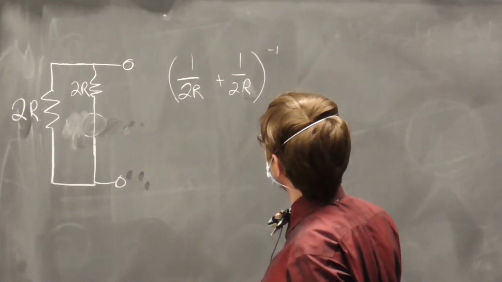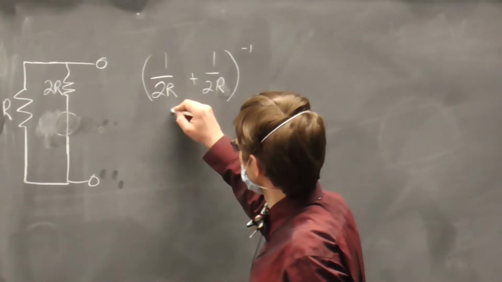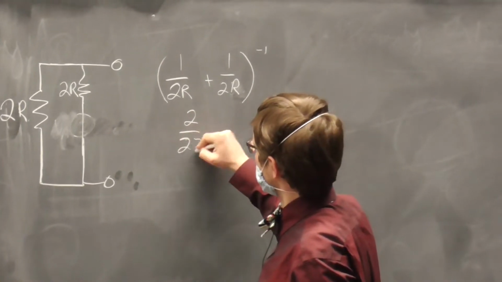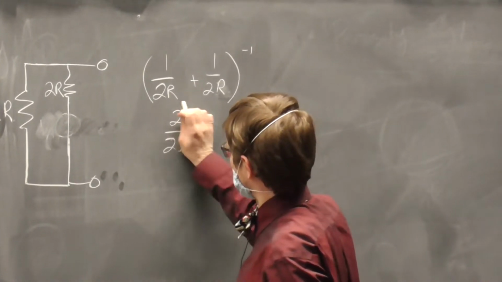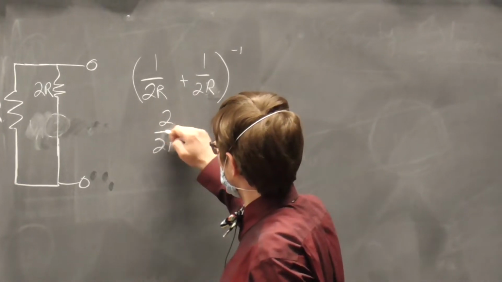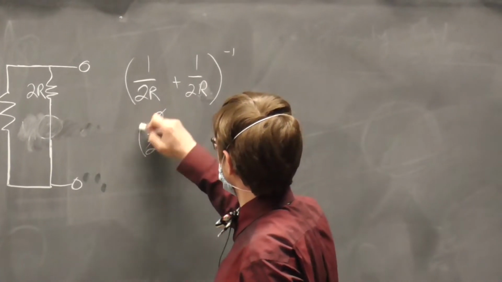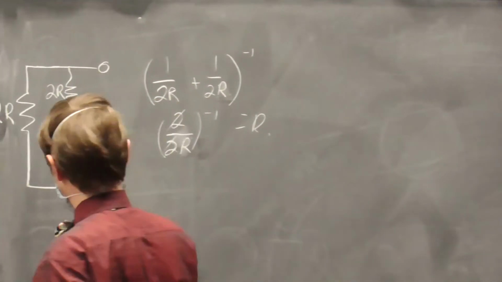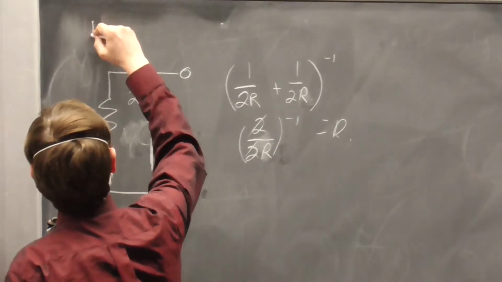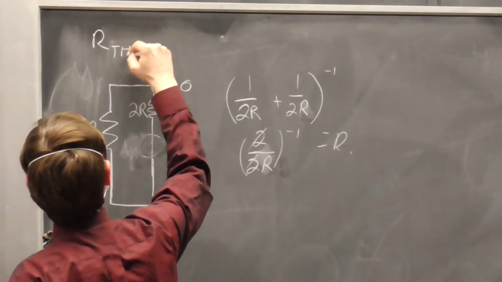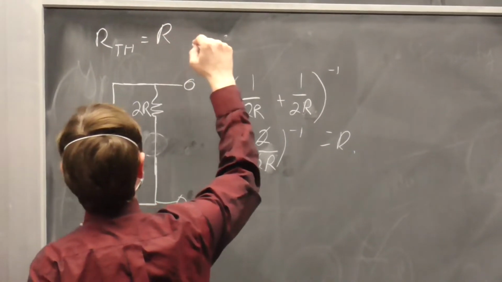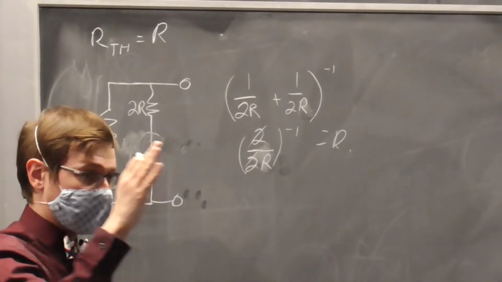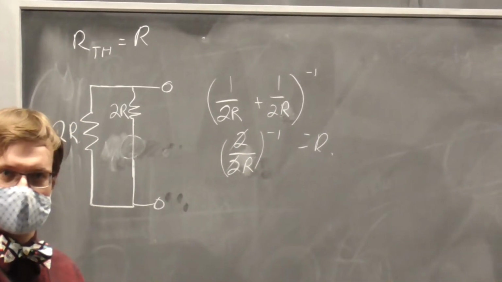But yeah, 2 over 2R equals R. There we go. All right, so R_TH is equal to R. Good. So, what about the Thevenin equivalent voltage?